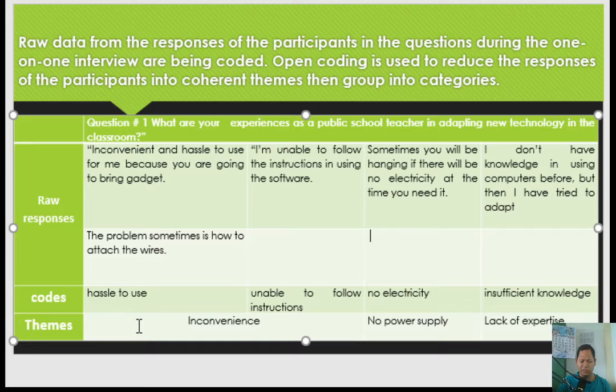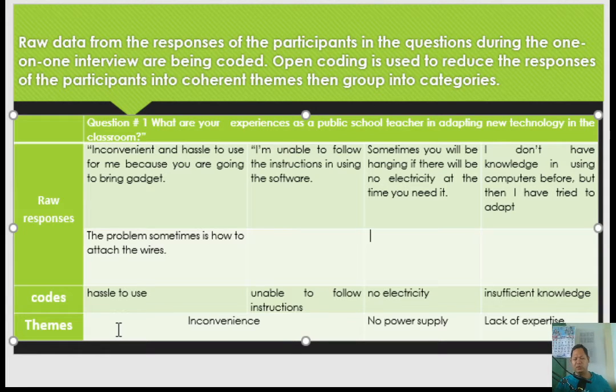For example, the codes hassle to use and unable to follow instruction, I give that the theme inconvenience. So that is my theme. Then no electricity, I just change it to no power supply. Then I assign the theme for insufficient knowledge, which is lack of expertise.